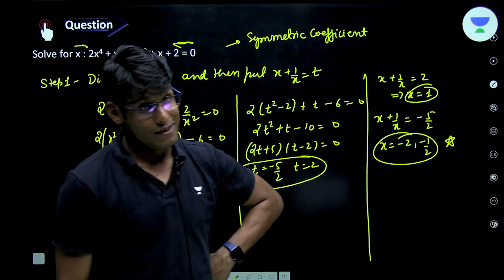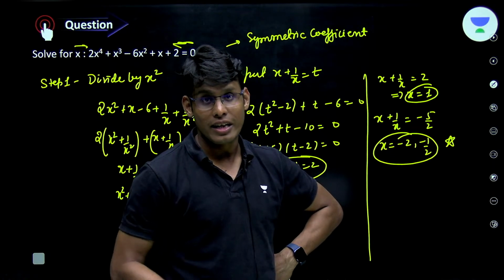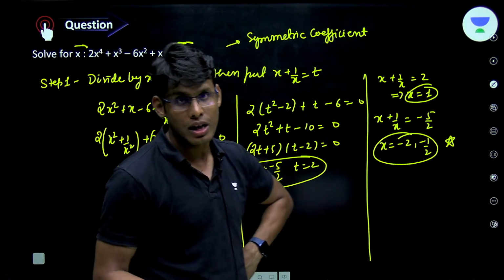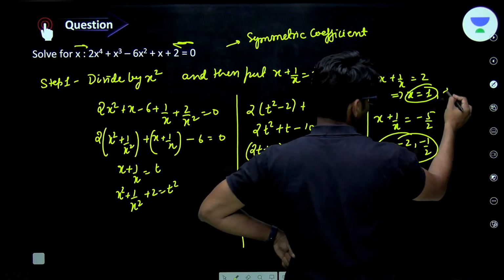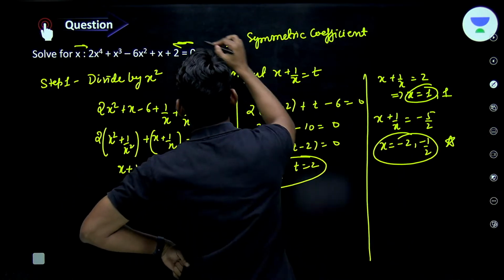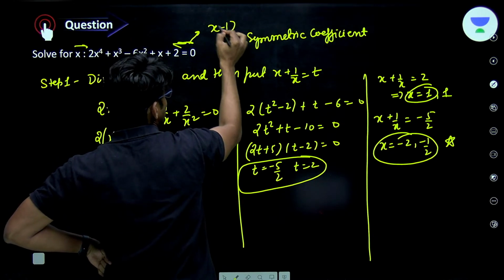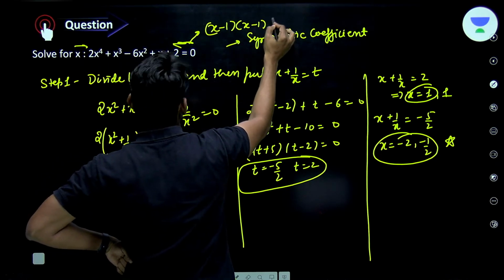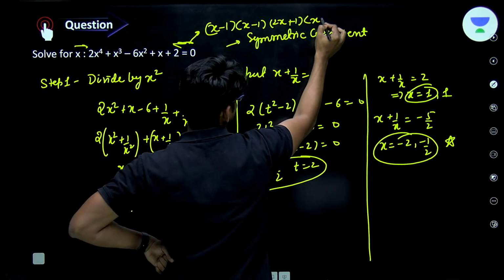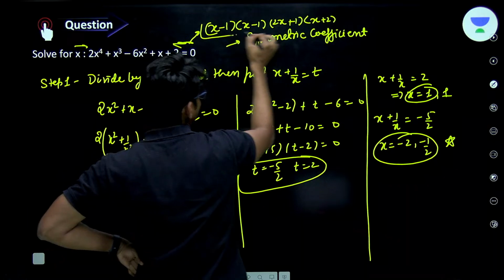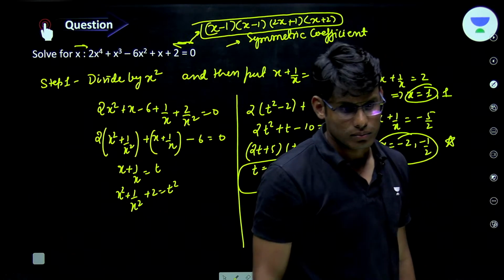Now you would say here, sir, this is a biquadratic equation. It's a degree 4 equation. I am getting 3 solutions. Actually, you need to understand here that 1 is a repeated root. So see, what I am trying to say is, if you factorize it, you will get x minus 1 into x minus 1 into 2x minus 1, 2x plus 1 into x plus 2. This is going to be your factorization.